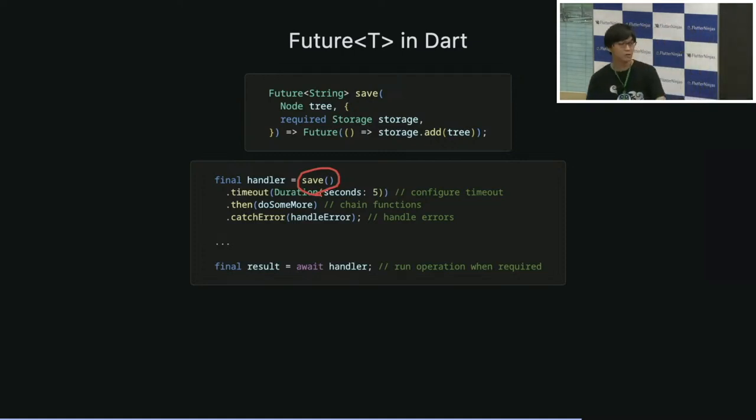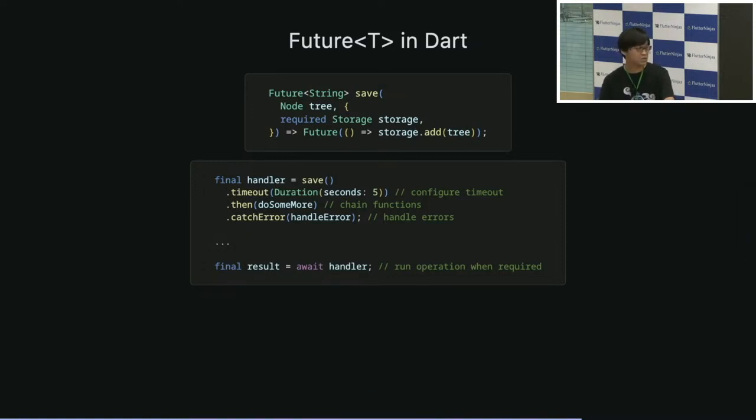That is the benefit of Future. Once everything is set up, we can just await the Future and retrieve the data. That is the idea of introducing the IO monad in Dart.